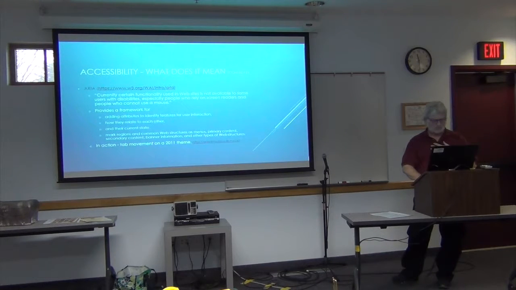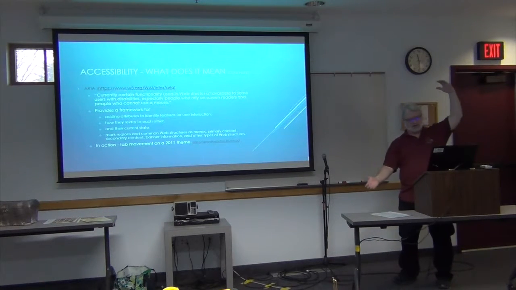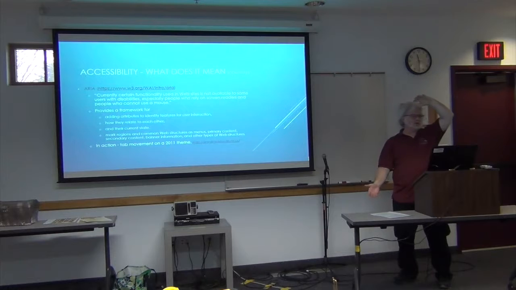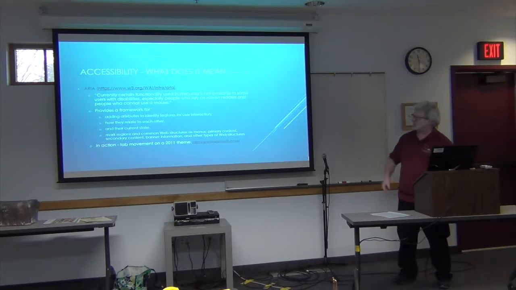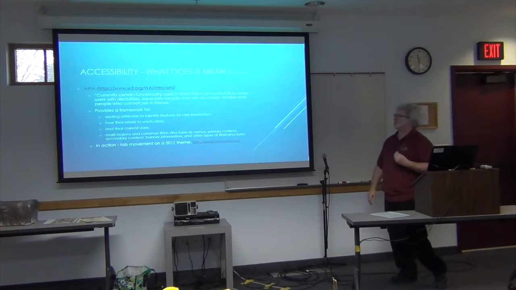So ARIA is an accessibility standard that is kind of interesting. Here's the definition, or it's actually this long on W3C. So I just picked out the current criteria: functionality used in websites is not available to some users with disabilities, especially people who rely on screen readers and people who cannot use a mouse.